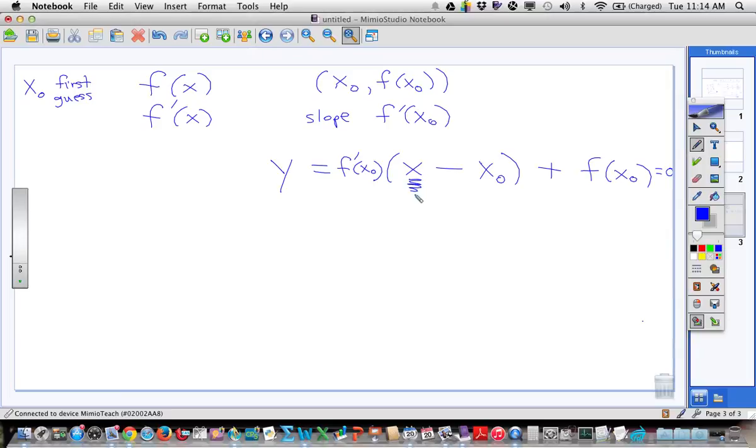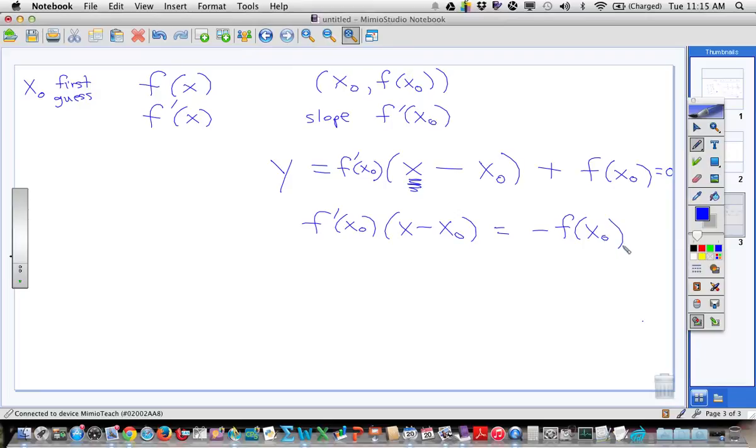So how could I solve for that? What would I move around here? Where would I start? I want to uncover this, and I don't want to distribute. That'll be a mess. Can I subtract this over? So I'd have f prime of x sub 0 times the quantity x minus x sub 0 equals negative f of x sub 0, correct?